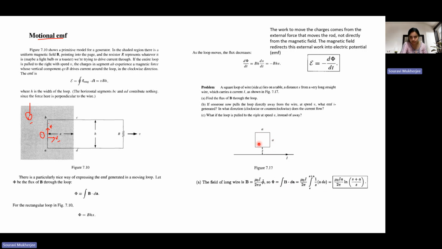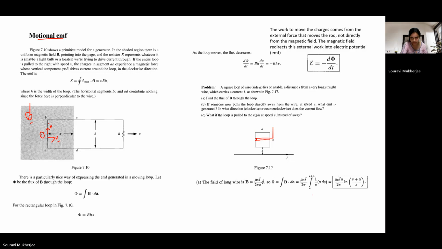So you can take small sections in this square loop with a ds element, and the other dimension is a. So this section has an area of a into ds, and then you do an integration from s to s plus a.